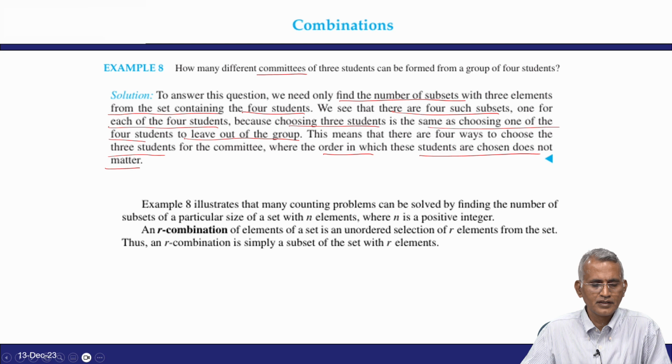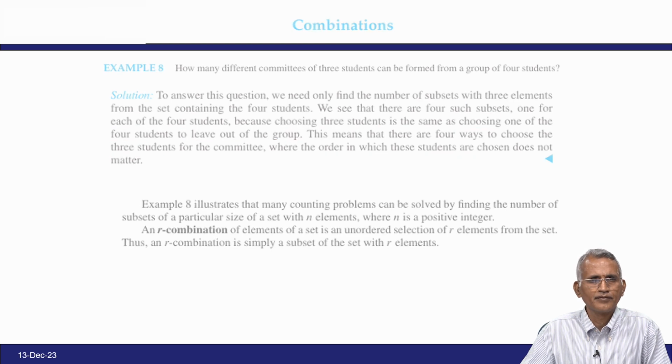So, this is the note we have to know, that if a committee of 3 students or n students can be formed from n plus 1 students, like that, this methodology we have to apply.